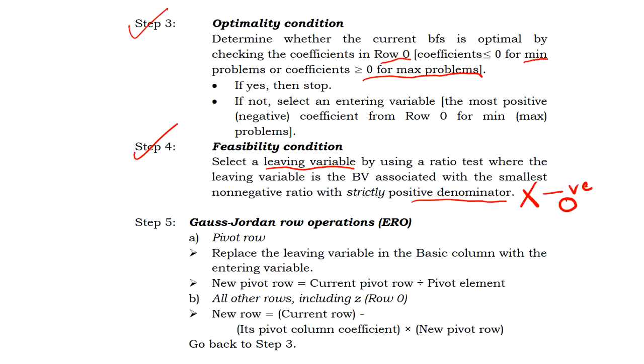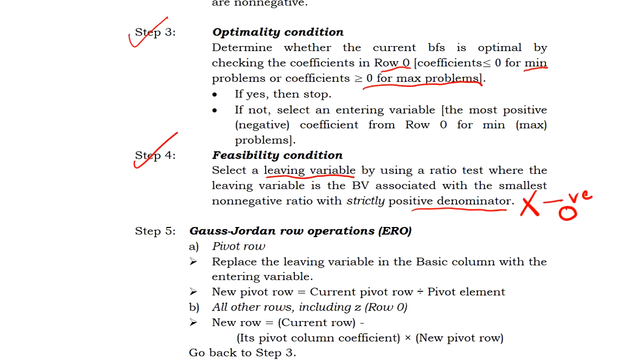So after we have selected a leaving variable in step 4, then in step 5, we need to do ERO. So for pivot row, we need to replace the leaving variable in the basic column with the entering variable. And then for new pivot row, we calculate new pivot row equals to current pivot row over pivot element, the pivot value.